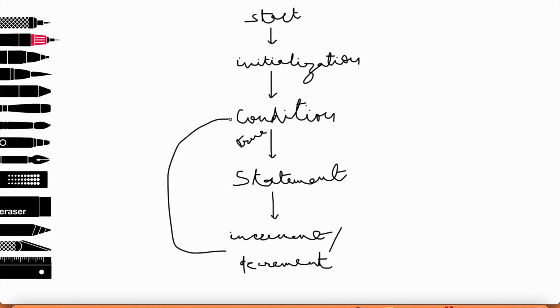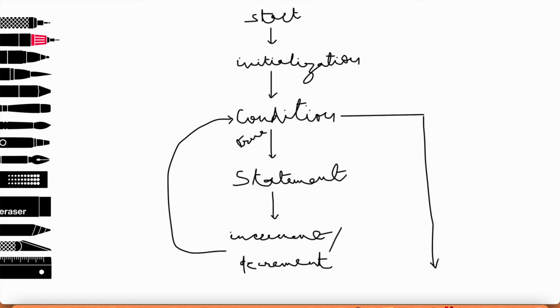Then it will check the condition. When the condition is true, then again the statement will be executed. Then after that the value is passed for increment or decrement. Again it will check the condition. It will execute this loop when the condition is true, and when the condition is false, directly it will end the loop.